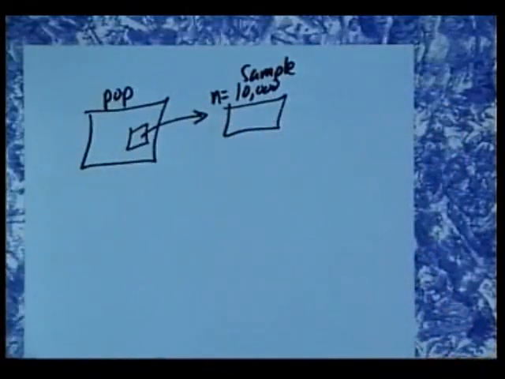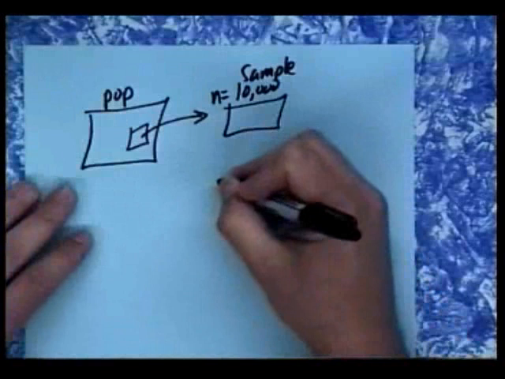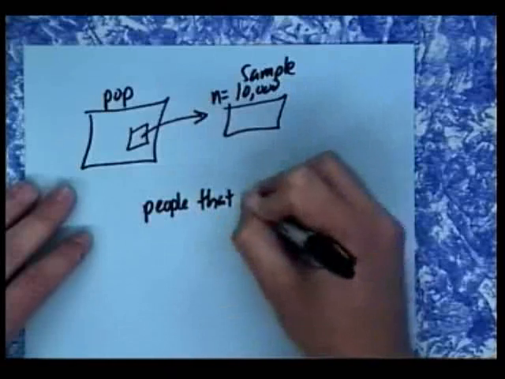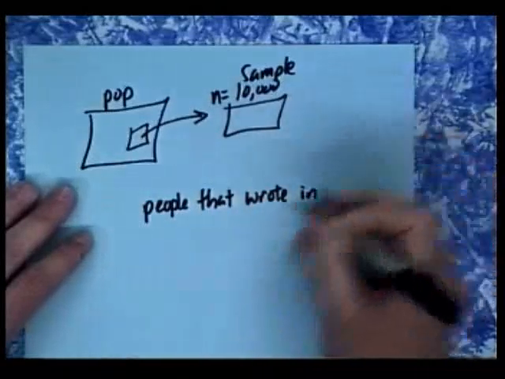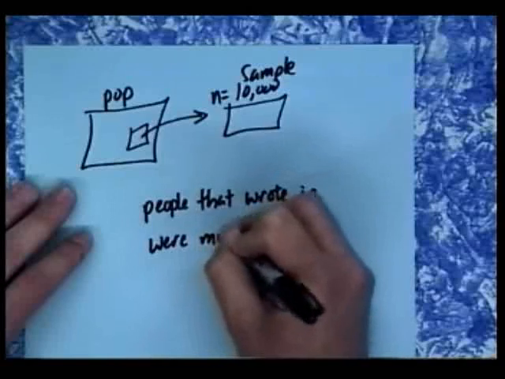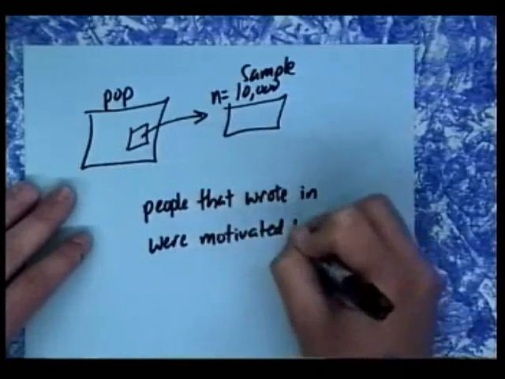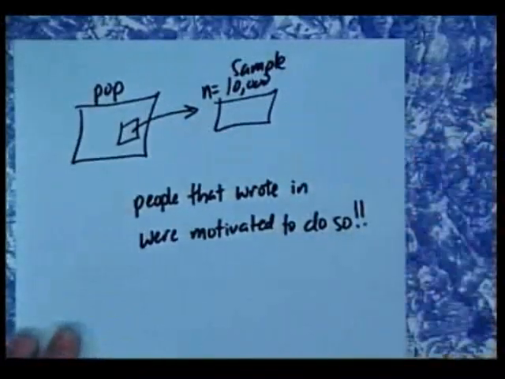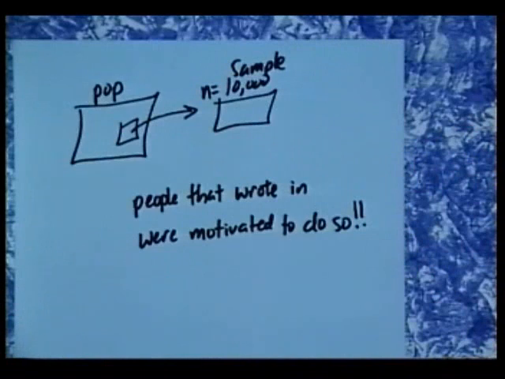Actually, they don't, because these were the people that wrote in. The people that wrote in were motivated to do so. Why? Possibly they weren't happy with their kids at the time, so that might be a good explanation.